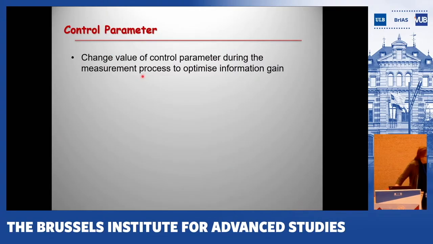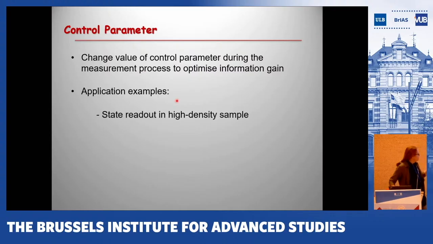This is a general method that you can apply for sensing or state readout. What you need is a control parameter that can be used to optimize the sensing process. But actually, most measurements have some kind of control parameter, depending on something. For example, what I will talk you through is reading out the atom number in high density samples.